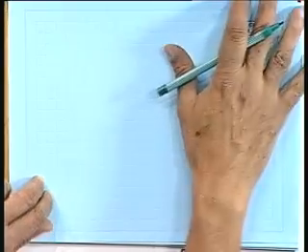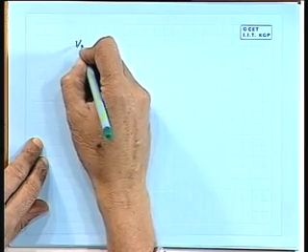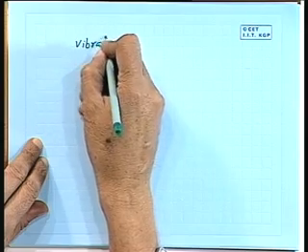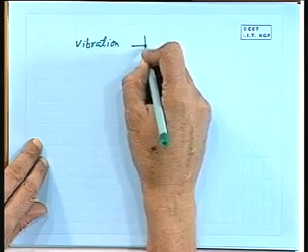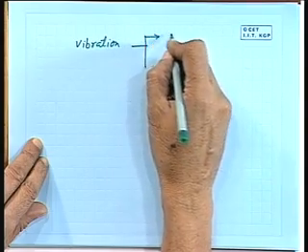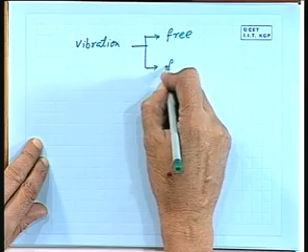So, now the vibrating structures can be categorized under 2 conditions. When we talk about vibration, we can categorize under two headings. One is free vibration, another is forced vibration.